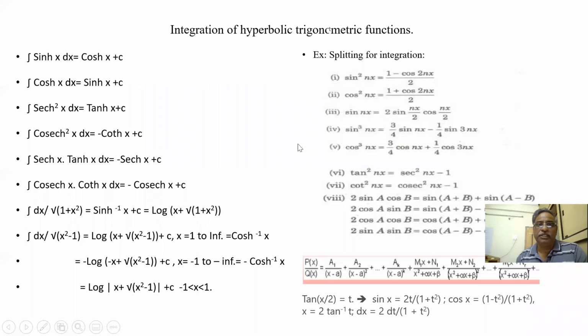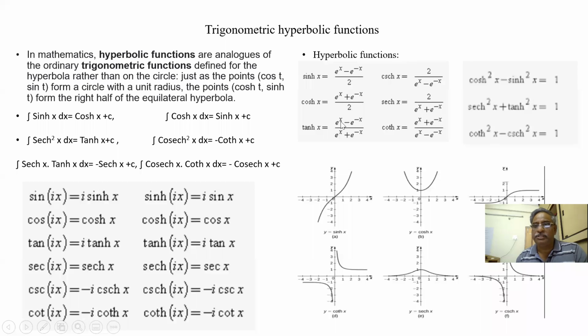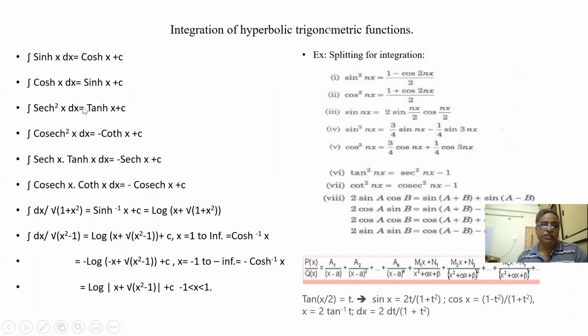Okay, now let us understand this. So integral sinh x is cosh x plus c. Integral cosh x is not minus sinh x, it is directly sinh x, because we have seen derivatives are the same. When I differentiate cosh x, I am getting sinh x. When I differentiate sinh x, I am getting cosh x. So integral sech square x is tanh x plus c.